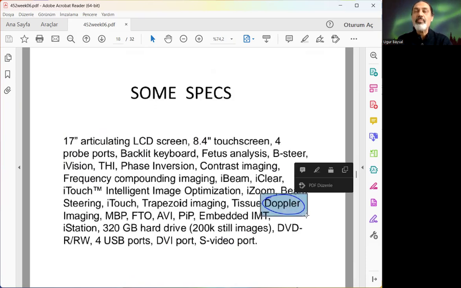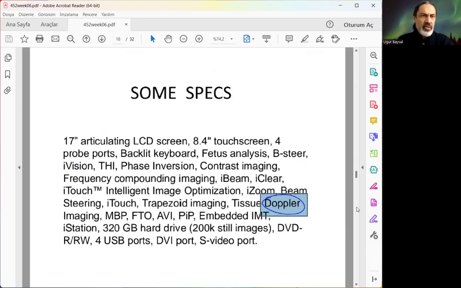Also, Doppler abilities or other three-dimensional or video mode recording of these instruments are also possible.